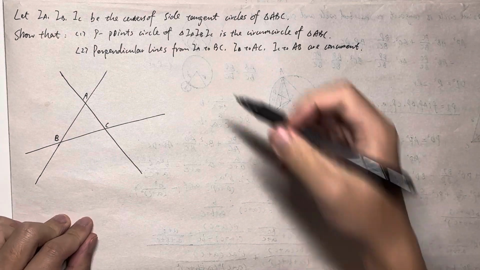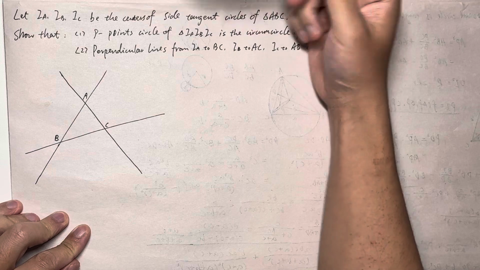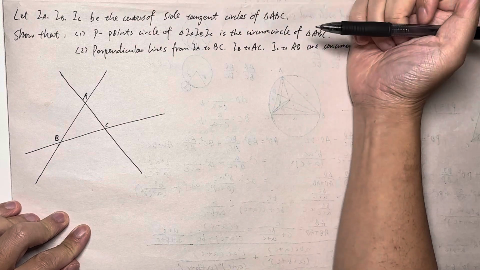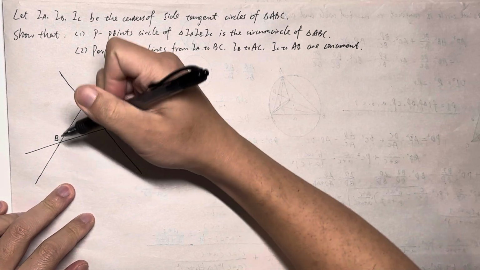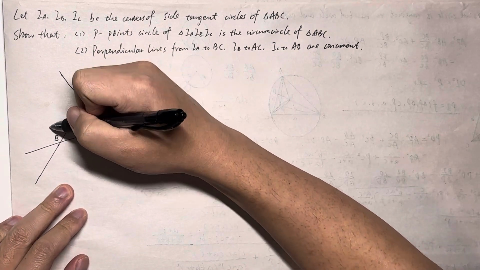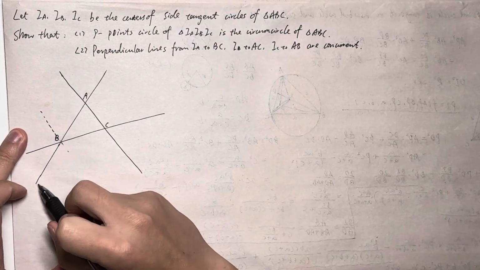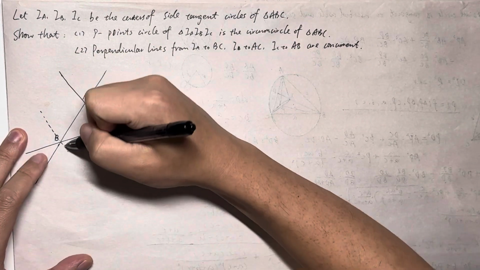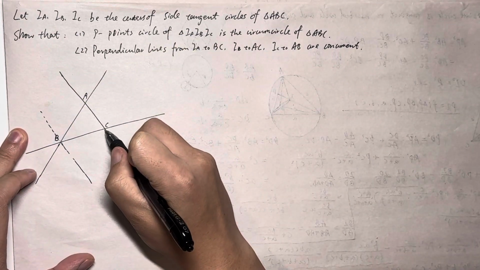How can we find the center of the side tangent circle? We actually find the angle bisector lines here, right? The angle bisector of this angle and the angle bisector of this angle.